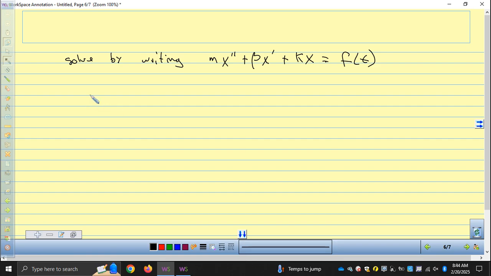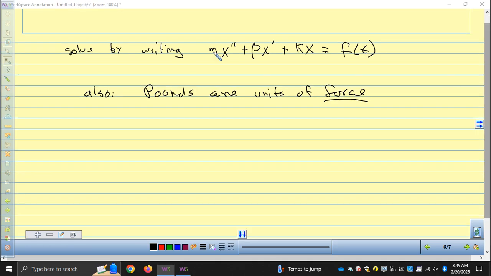And also, so we are aware, and this is in part because of how our book does this, often the units are given to you in pounds. Pounds are a unit of force. So the problems will also often say the mass weighs 5 pounds.